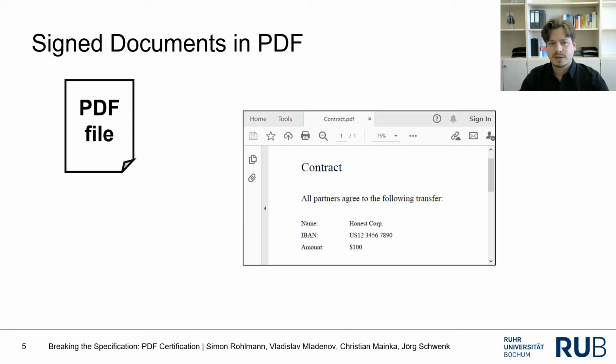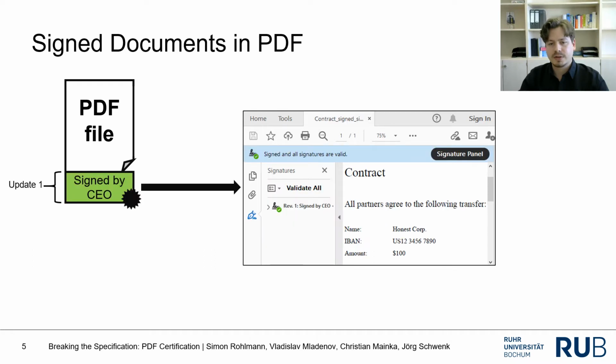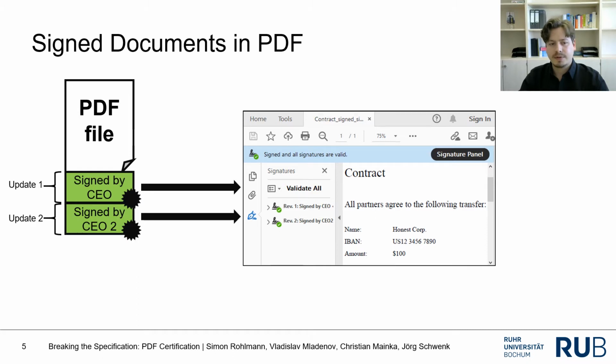Let's talk about signed PDF documents. If you want to sign the simple PDF document, we do this within an incremental update. Here we see that revision 1 is signed by CEO. But we are not limited to one signature. We can also add another signature. In update 2, we add revision 2, which is signed by CEO 2. We can also add annotations.